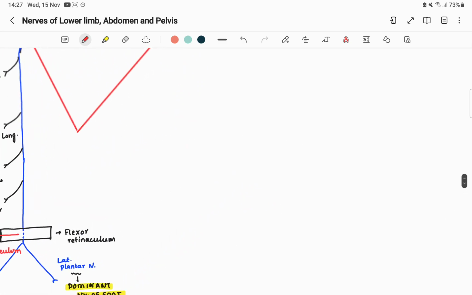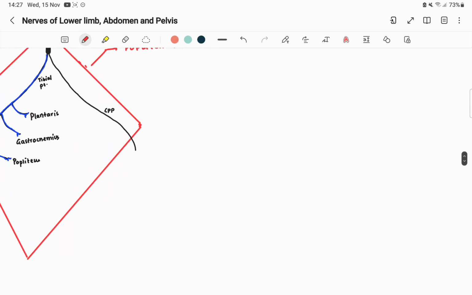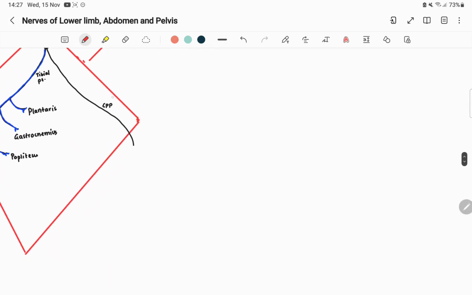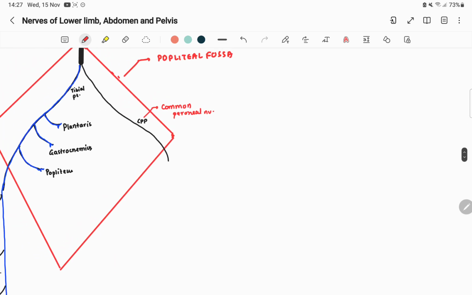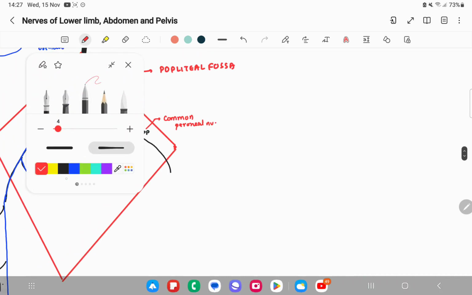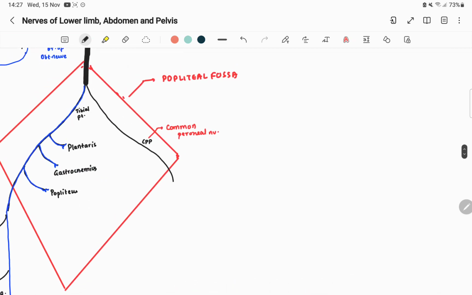Afterwards, let's trace the course of the common peroneal part. The common peroneal nerve inside the popliteal fossa will give a branch called the lateral sural nerve.